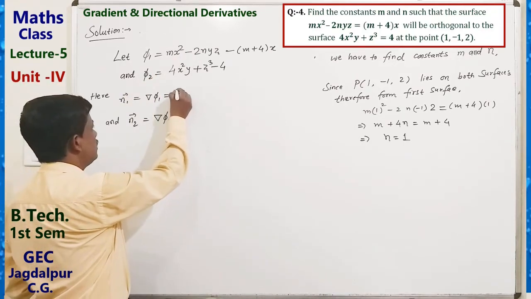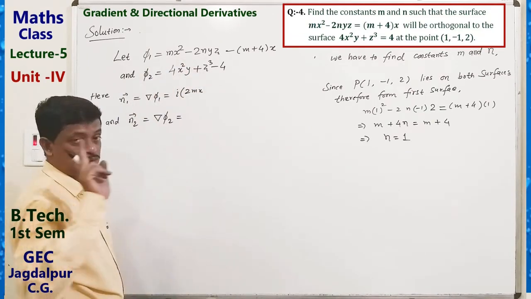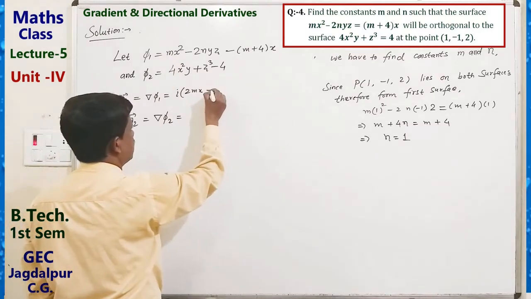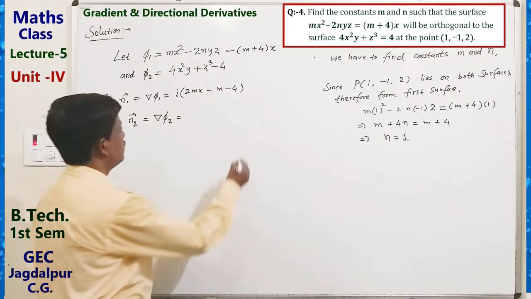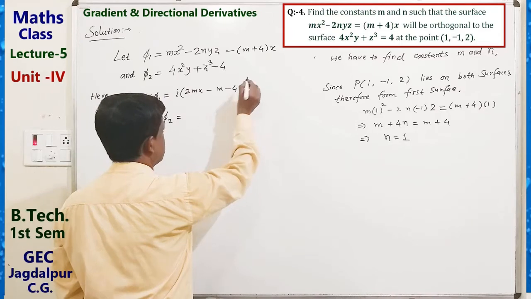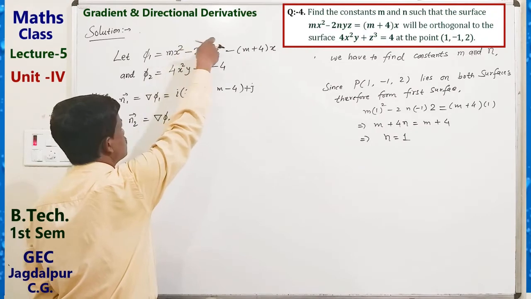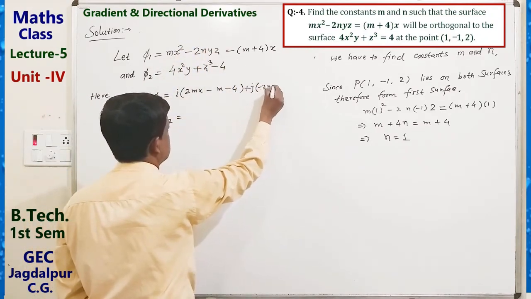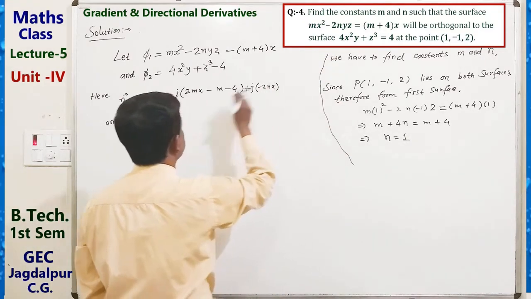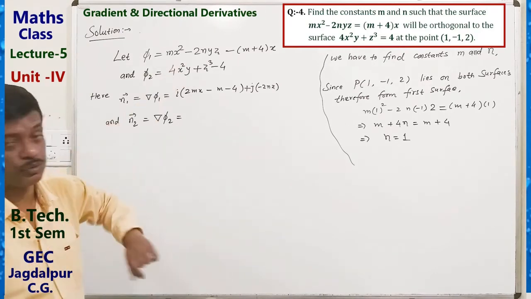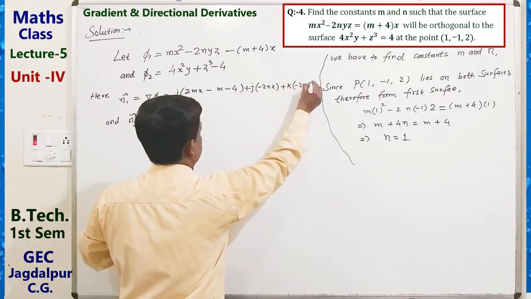So i 2mx with respect to x here minus m minus 4, plus j with respect to y, here y is this minus 2nz, minus 2nz with respect to y, and k minus 2ny with respect to z.